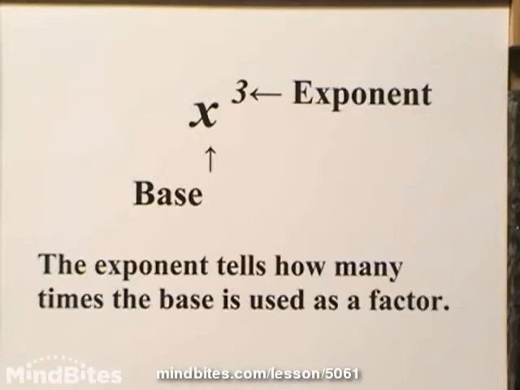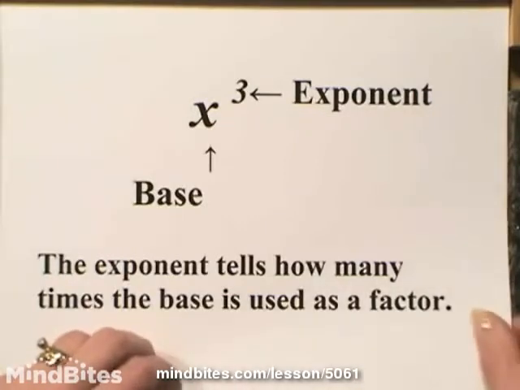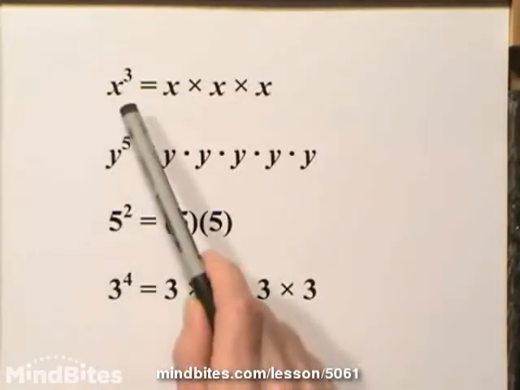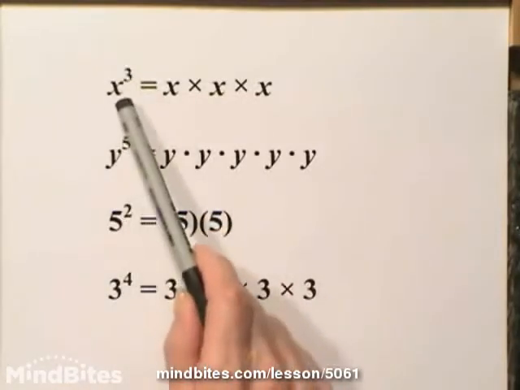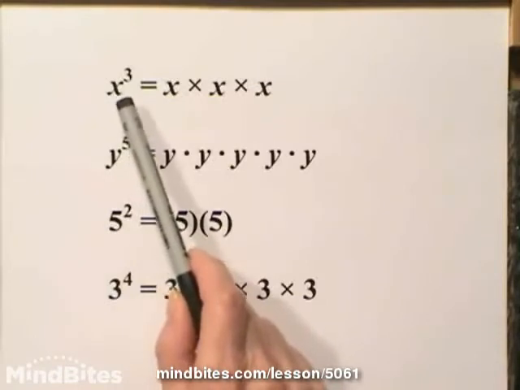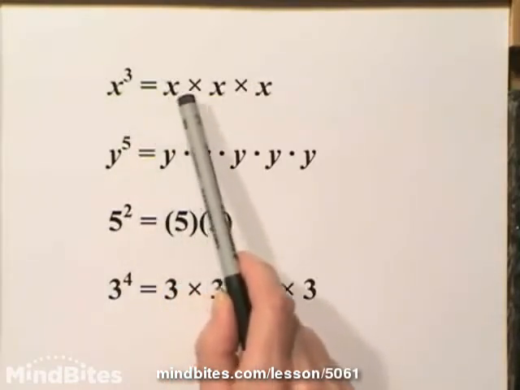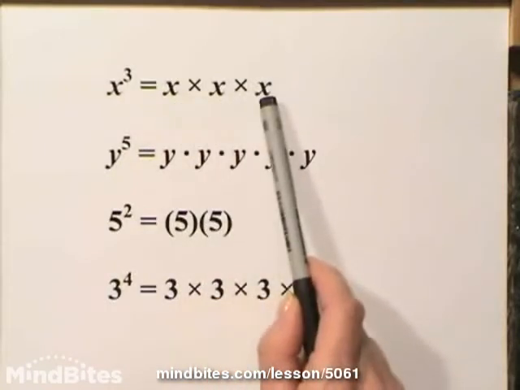Now let's see what that means. We'll look at it on the next page. If I have x to the third power, or x cubed, and x is the base, that means that I write x down 3 times and multiply.